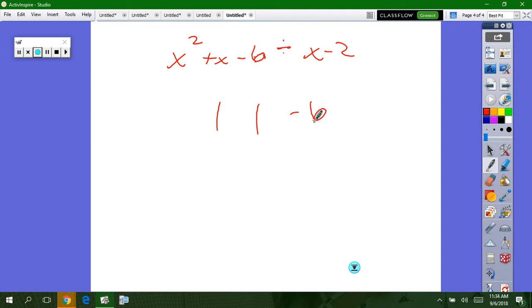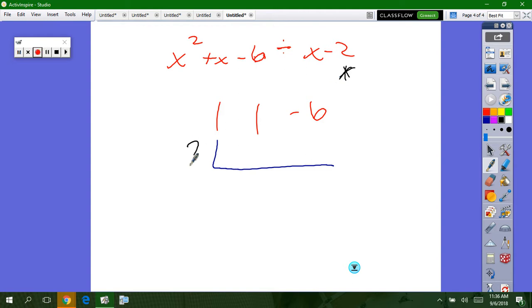Okay. So now I'm going to draw this little bar right here. Just bear with me. You're like, what the heck is this little bar? It's like our division bar, but it's different. Notice I put it right below my leading coefficient. What I do now is I ask myself, what value makes this guy 0?